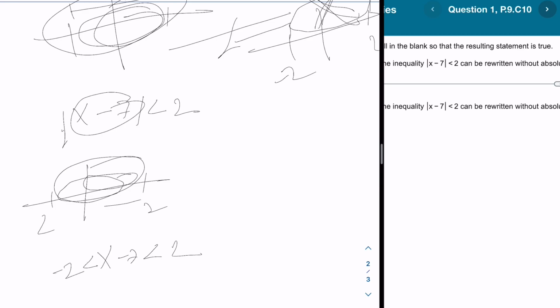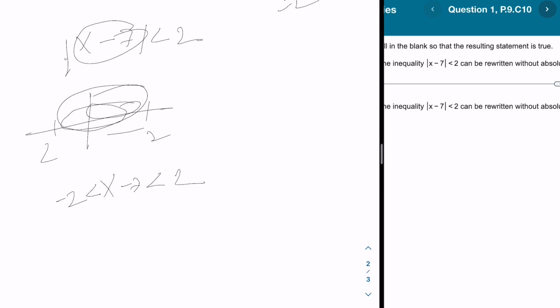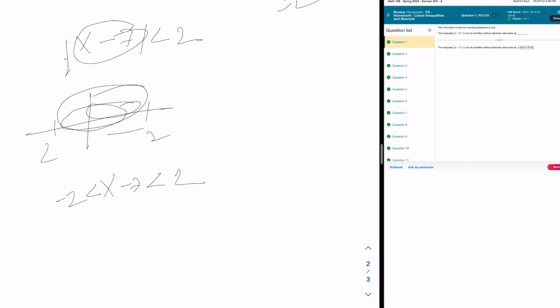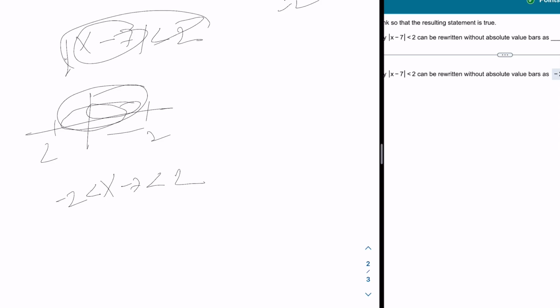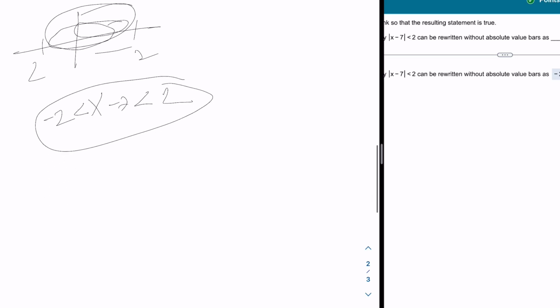Now this is the inequality we can write. So for the first question, we got the answer without the absolute bar. If the question just says to exclude this absolute bar, we can write this and stop. This is the answer.